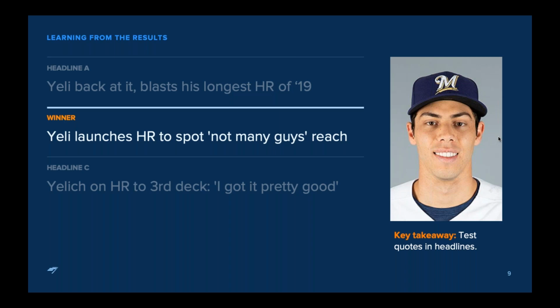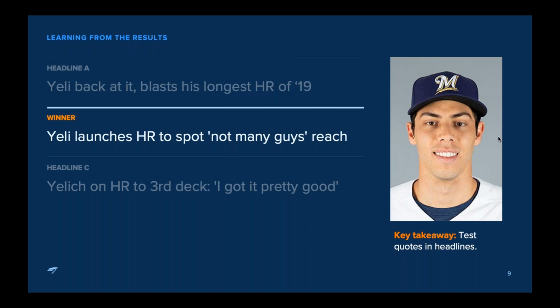Yeah, and it's interesting also that this headline is the one with the least amount of technical information about the home run. The other one has the longest, or it's a third deck, but the one that won basically only has his quote and that it was a home run, which proves that people want the general emotion of the story, and then they'll click in to actually get all the specific data of it. You don't have to give it all away in the headline.